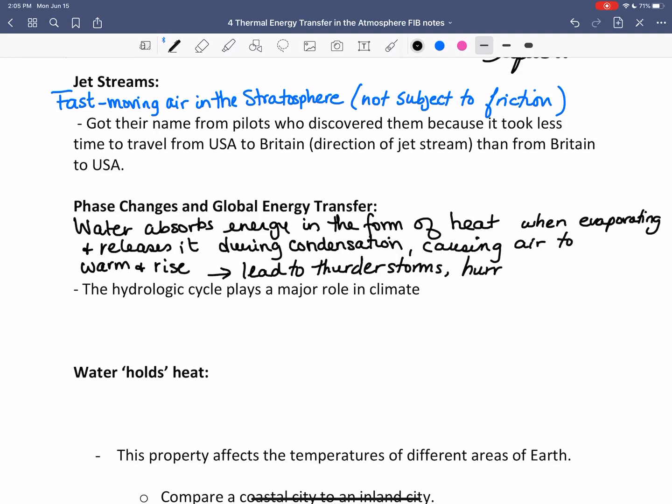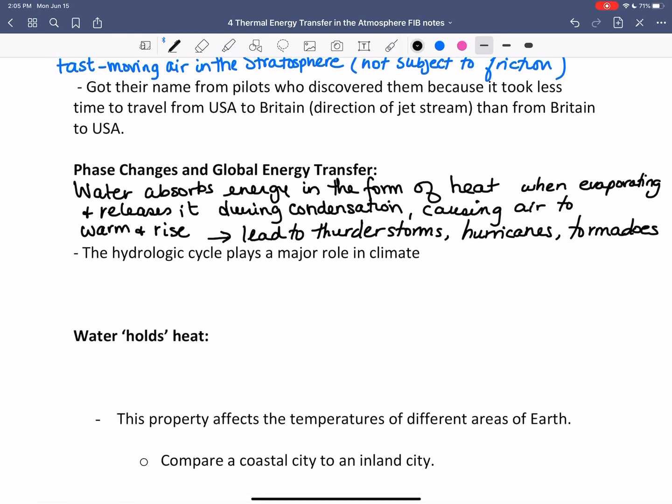And then more severely, hurricanes, tornadoes, right? All of these phenomena are due to the uneven sort of heating of air. So the hydrologic cycle, the cycle of condensation, evaporation of water, plays a major role in climate.